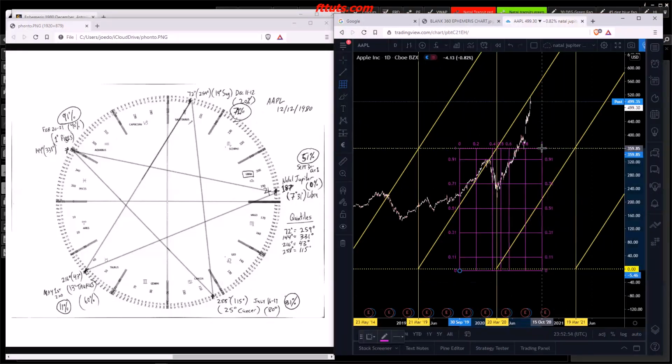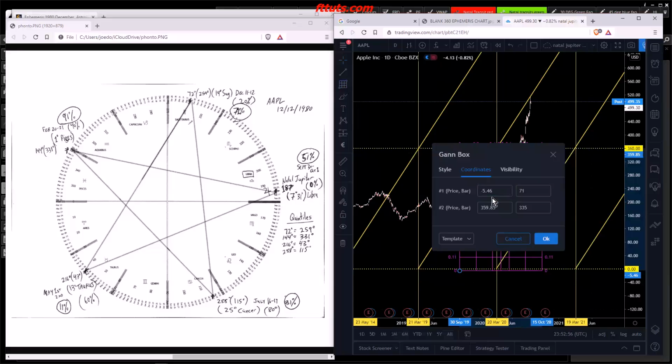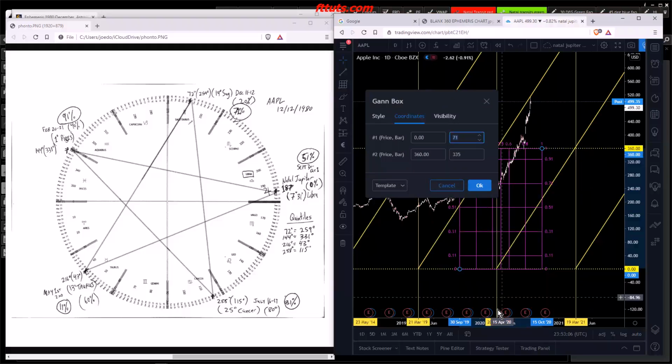Here we go. So I'll just make it perfect. I'll enter 0, 360. And let's take a look at the dates. We've got September 30, October 1st, there we go to begin with, and then we're almost there, October 1st, okay.